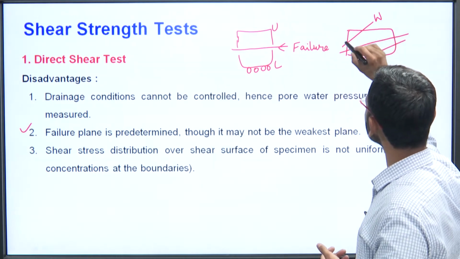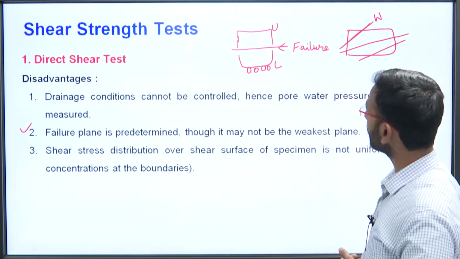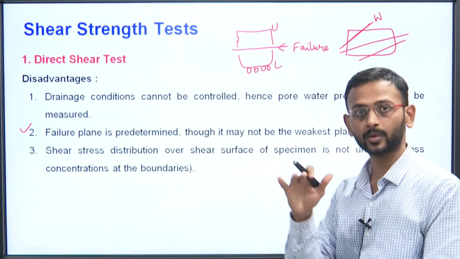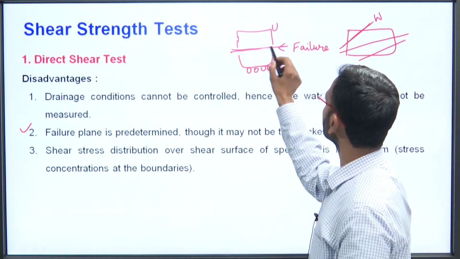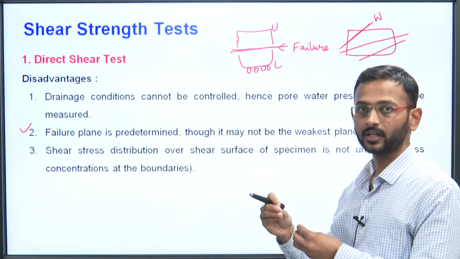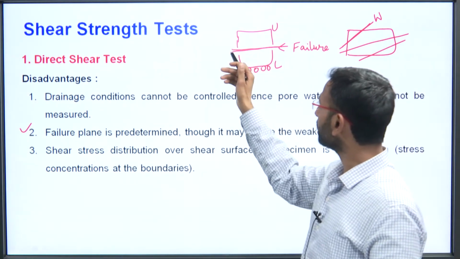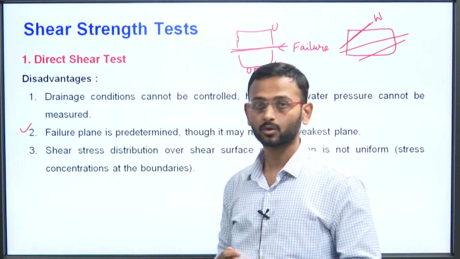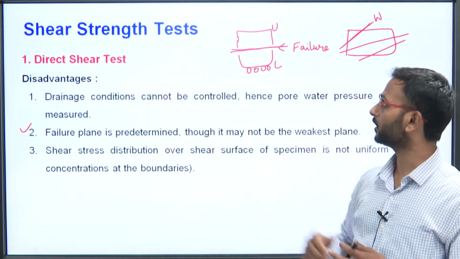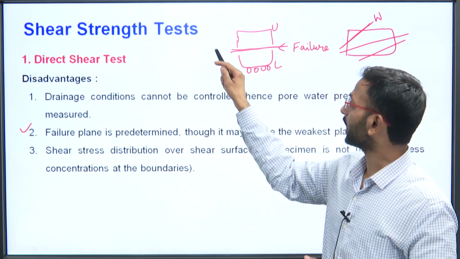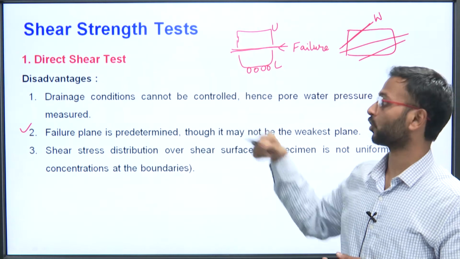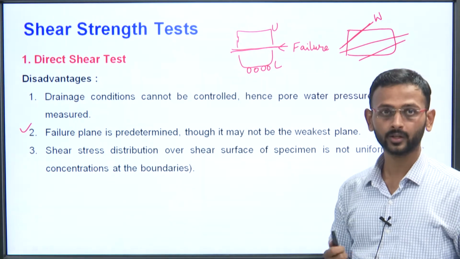Let us say weakest plane is this, then the failure will be occurring from this point. But here we are saying that failure plane is the fixed one only, like this one is the failure plane, and we are not changing that failure plane. So it may be the weakest, it may not be the weakest. So we are not actually knowing that is it really the failure plane or not. So that is a problematic thing.